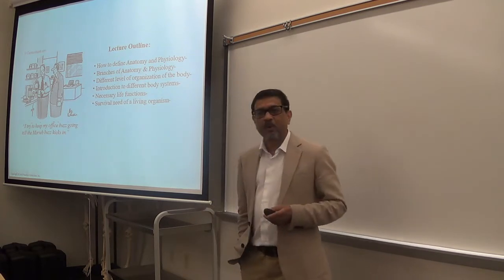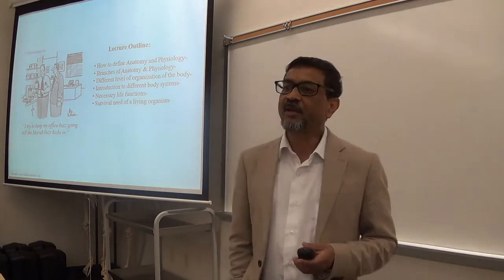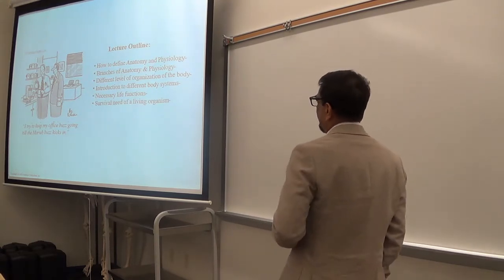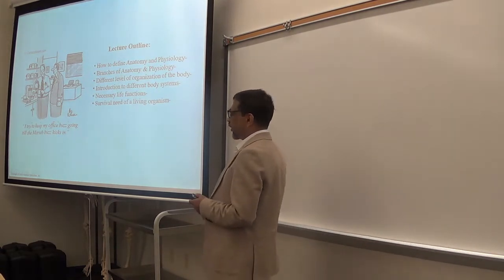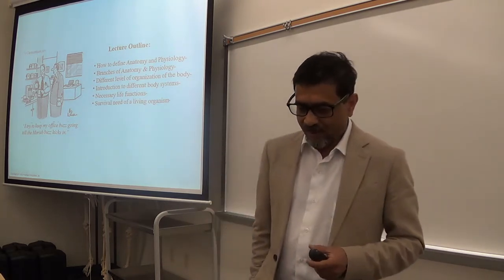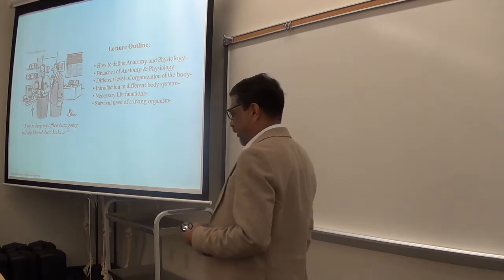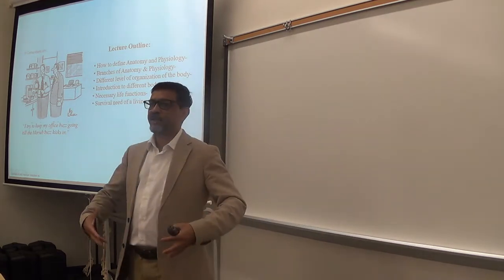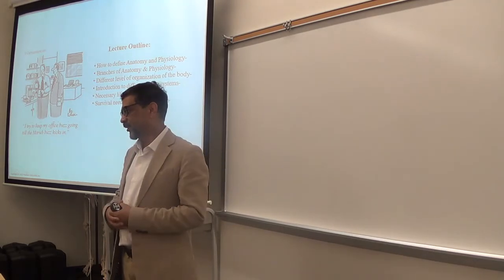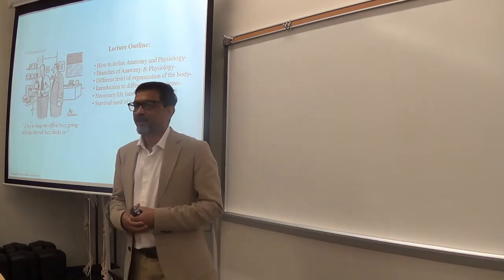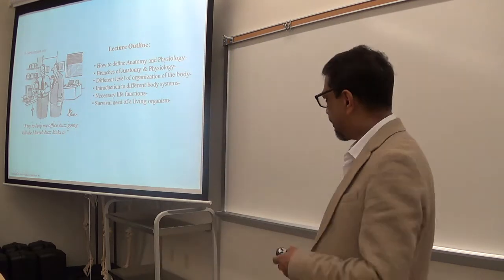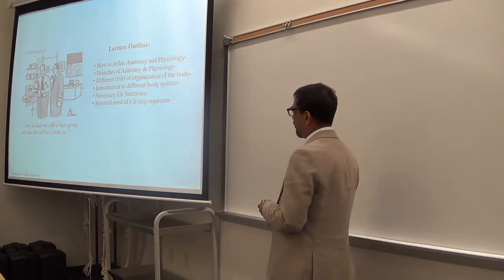Then we'll talk about the divisions or branches of anatomy and physiology. Then we'll talk about the organization of the human body. How the human body is structured from its smallest to the largest level. Okay? So we'll talk about different levels of organization of the body.